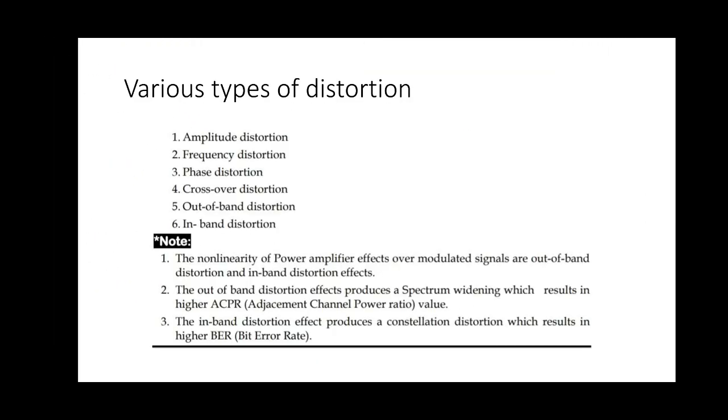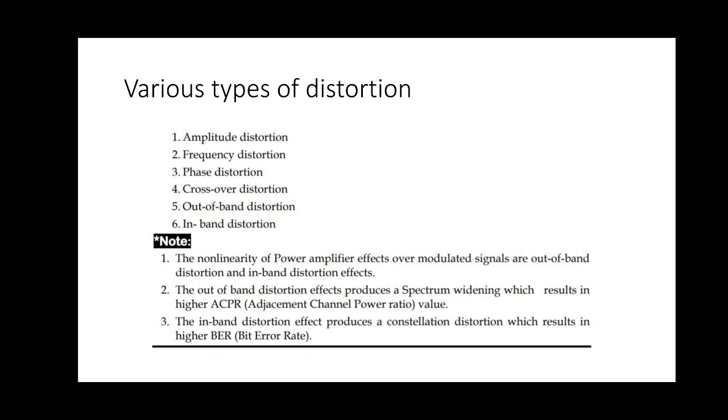Now we have to discuss the distortions in a power amplifier. Various types of distortion: amplitude distortion, frequency distortion, phase distortion, crossover distortion, out of band distortion and in band distortion.